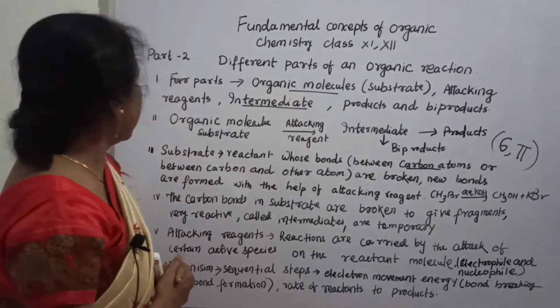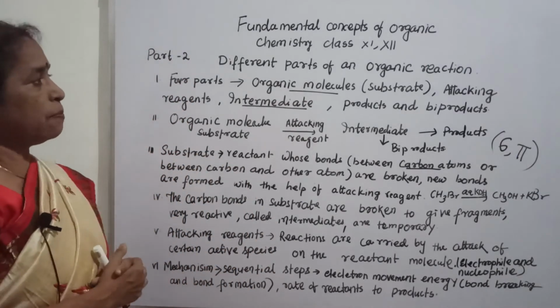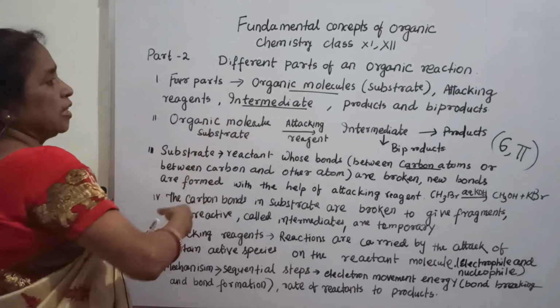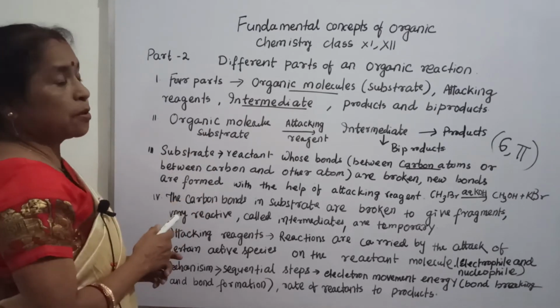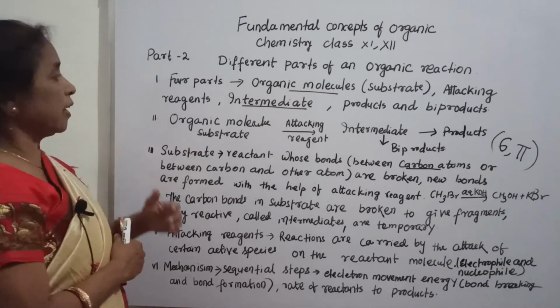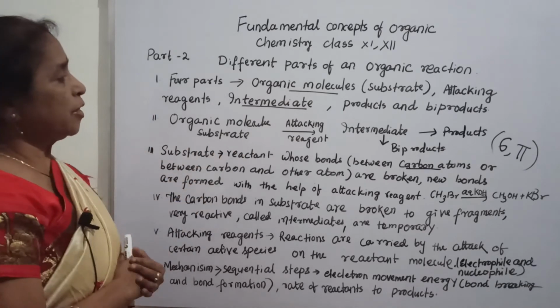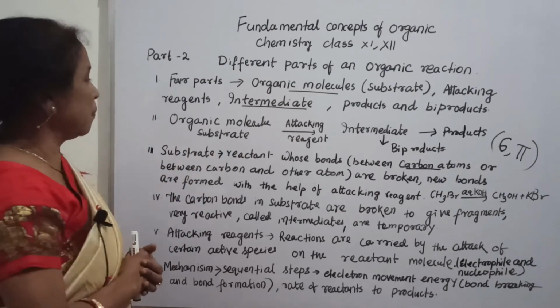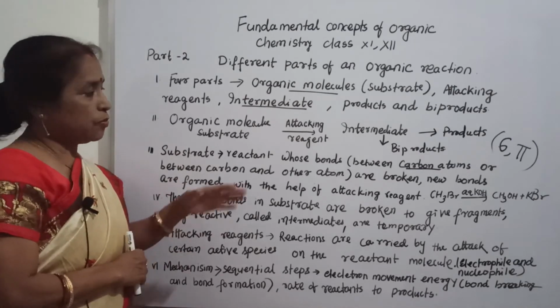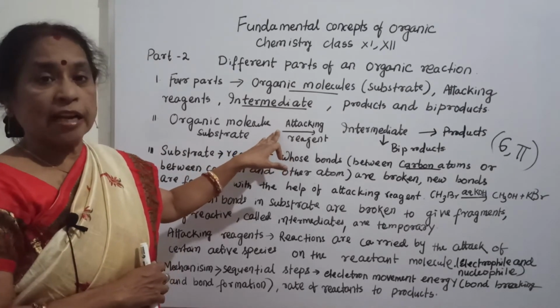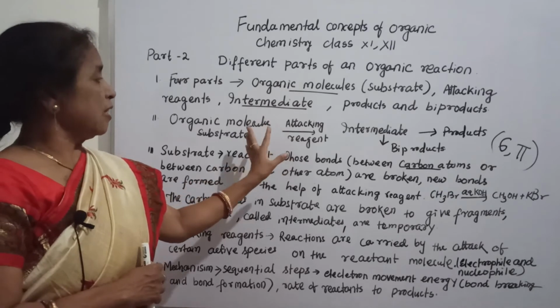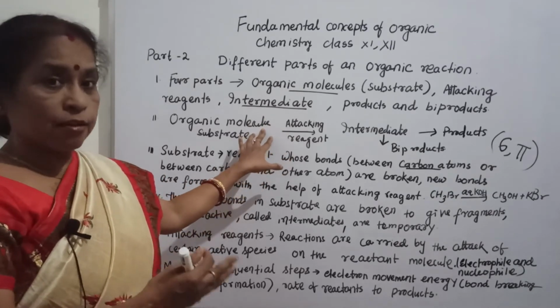Here again I want to say there are four parts. One is the substrate, that is the organic molecule, the other is the attacking reagent, third is the intermediate, and fourth is the product and byproducts. When the organic molecule reacts with the attacking reagent, some reaction takes place, which we will discuss later.